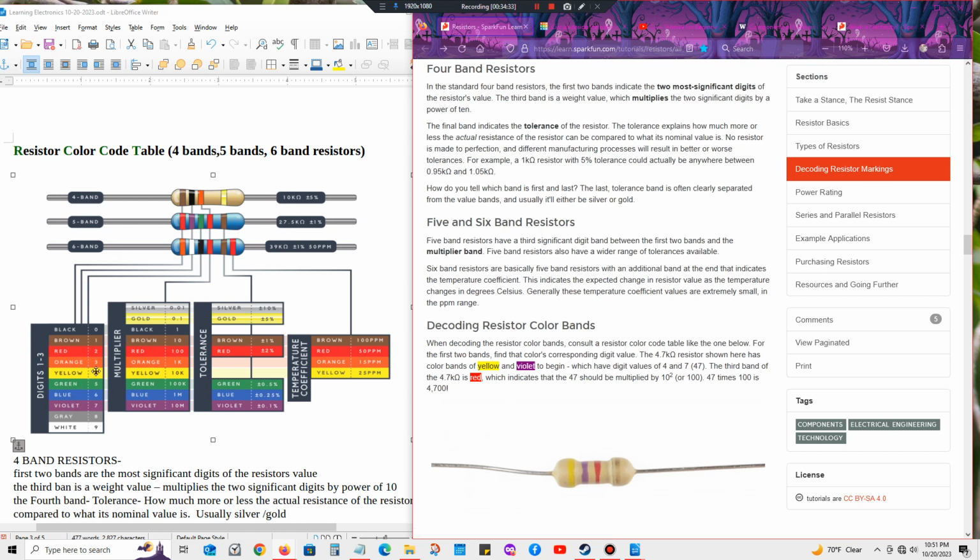The digit value for yellow is 4, and the digit value for violet is 7. 47. The third band of the 4.7K is red, which is the weight. Since this is a 4-band resistor, the first two numbers are the significant digits. The third band is the weight, which is the multiplier. And then the last band is obviously the tolerance.